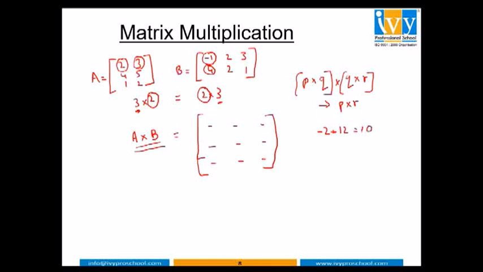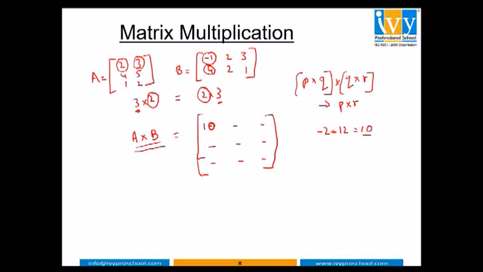So what we basically did is multiplied the first row of A with the first column of B, and the resultant is plugged in over here, so this becomes a 10.